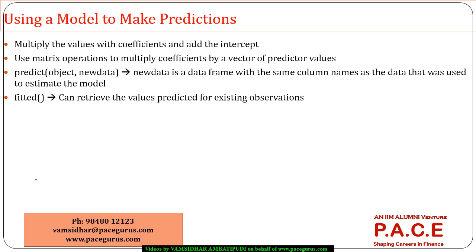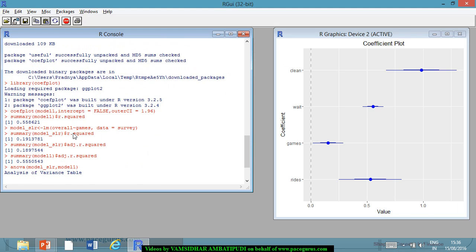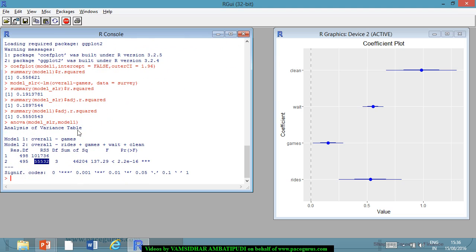Now, the next step is, once the model is in place, let's say that model 1 is the model that I am going to go forward with. Now I have to use that model to make predictions. It's as good as saying now I have this equation in place, where what is my model 1?